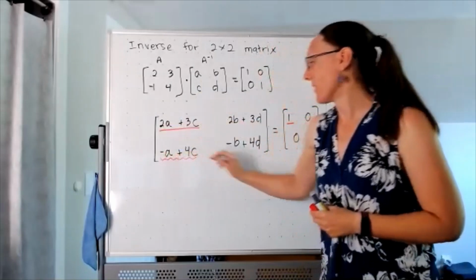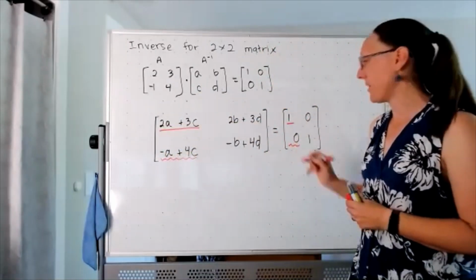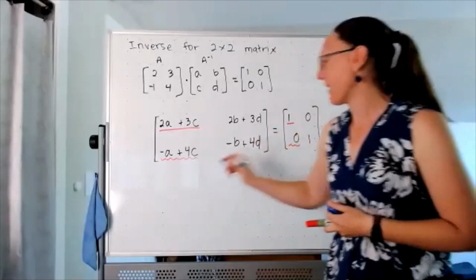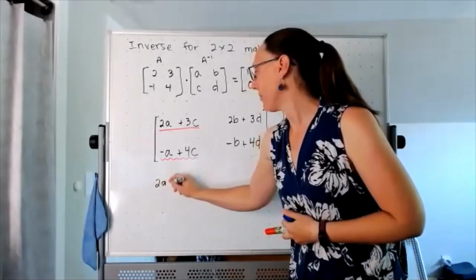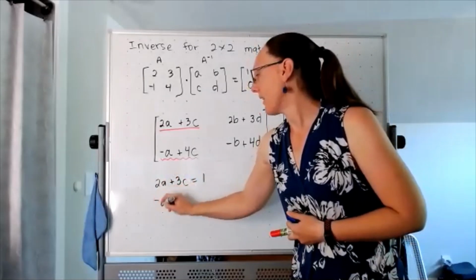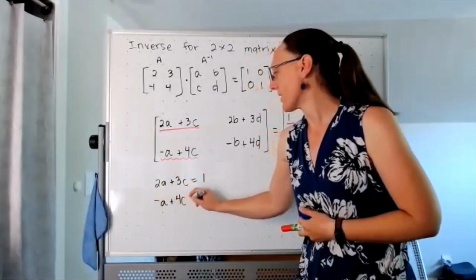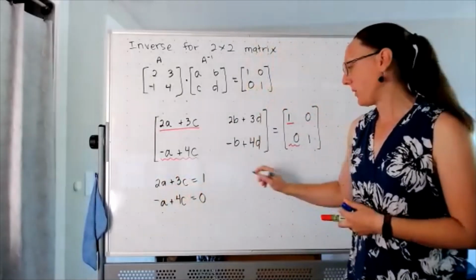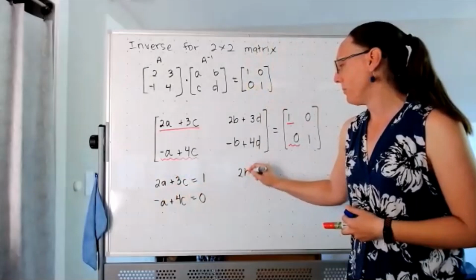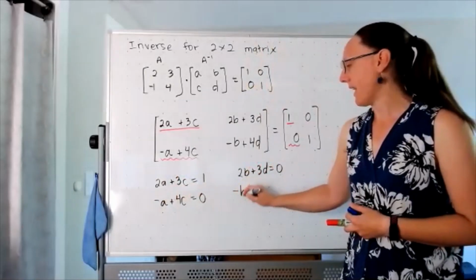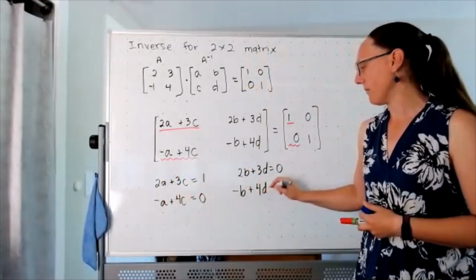And -A plus 4C has to be equal to 0. So let me start writing these out. I've got 2A plus 3C is equal to 1, and -A plus 4C is equal to 0. If I do the same thing with these 2 equations, I'll get 2B plus 3D is equal to 0, and -B plus 4D is equal to 1.